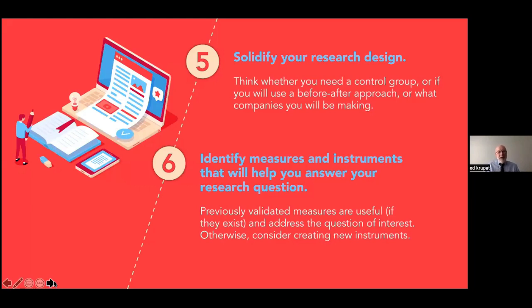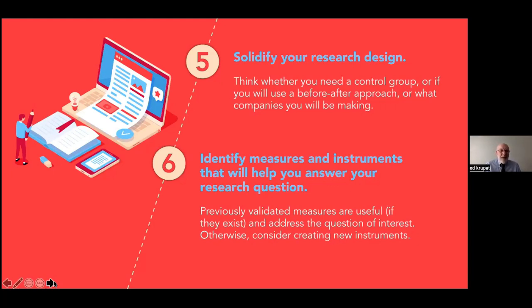Once you've done that, you say, okay, so now I'm going to use a survey or a questionnaire. And are there instruments that are already existing that I can use? We always talk about wanting to find measures that are reliable and valid, that have been tested by others and stood up to peer review.